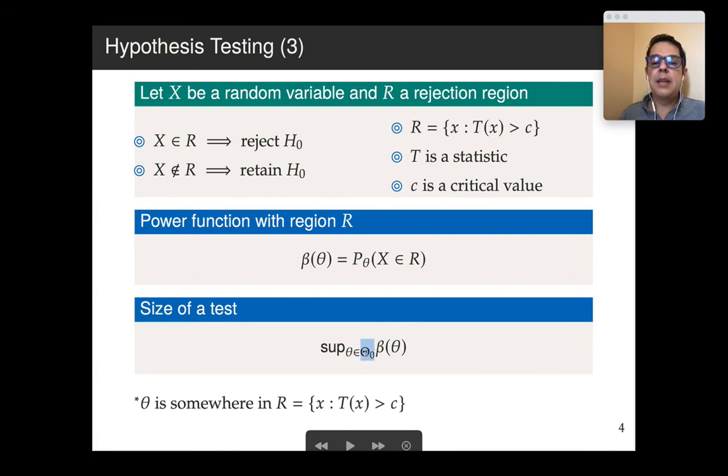Theta 0 is the set that contains only points that belong to the null hypothesis, that belong to H0. So what this is telling us is that you go through all the points that make the null hypothesis true.